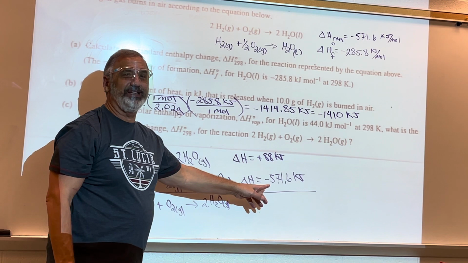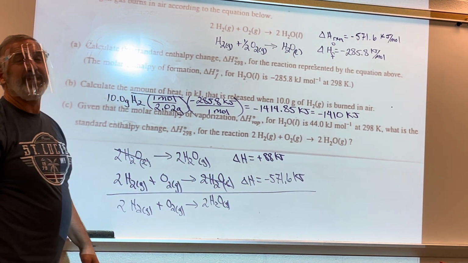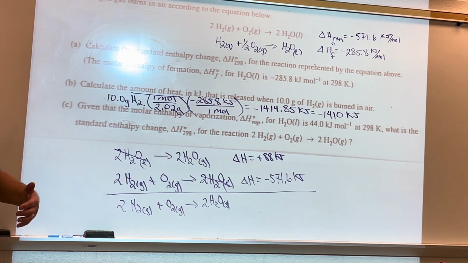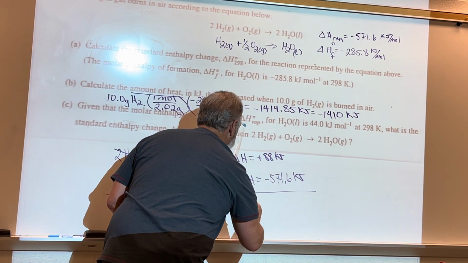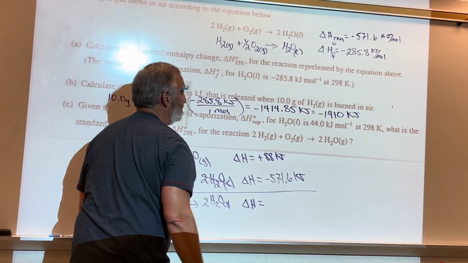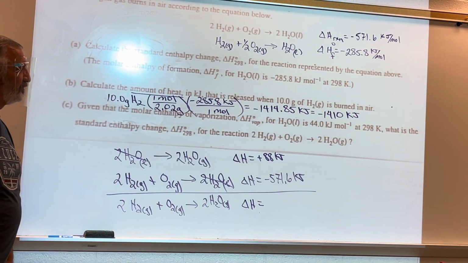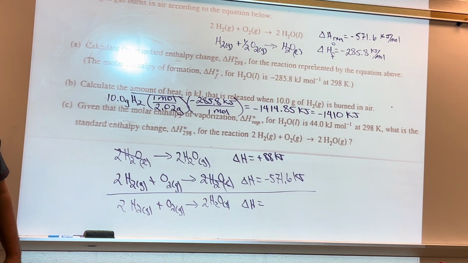So the reality is that 88 kilojoules is not what's being added in, it takes that much more energy to make it into a gas, so the overall energy released is going to be less, so it's going to come out to 4 and something. And then somebody go back and look at the way I solved it the last time and see what the mistake was.